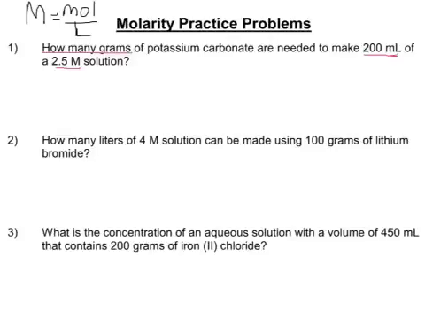So if I just use the formula and write in what we have, we have a 2.5 molar solution, right? And we have X moles. We don't know how many moles. And we do know that there are 200 milliliters.